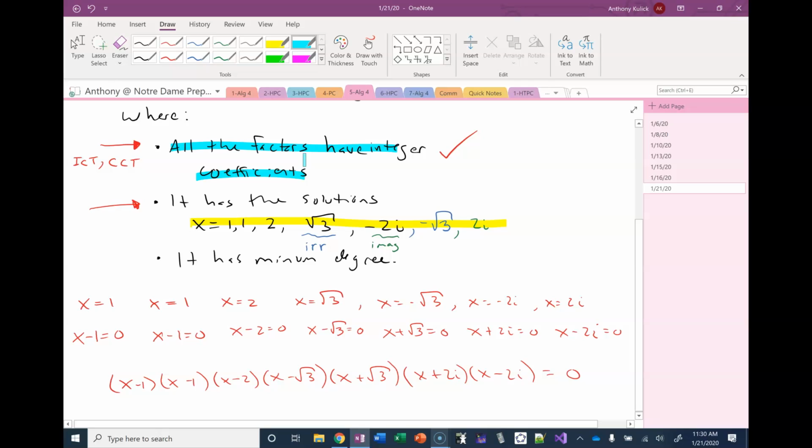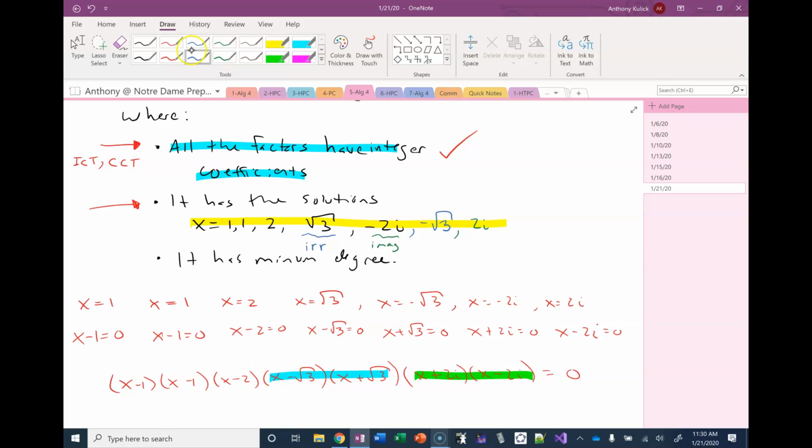It says all the factors have integer coefficients. If I look down here, I have some factors that do not have integer coefficients, right? Because I have square roots of 3 and then 2 i's. Everybody see that?